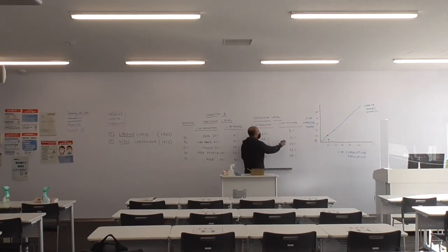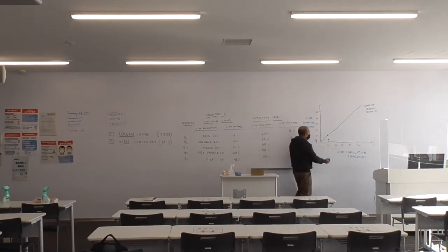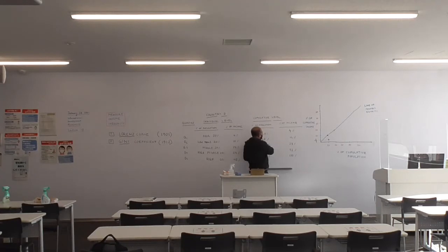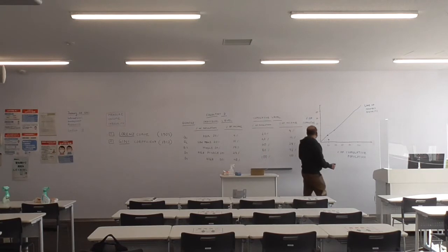For example, 20% of the population has 4% of the income. So if we plot on the figure, here is the 20% of the population, and say here is the 4%, right? So 20% of the population has only 4% of the income. So we can plot this situation in this figure, at this point. And gradually we will draw the other points. 40% of the population has 14% of the income.